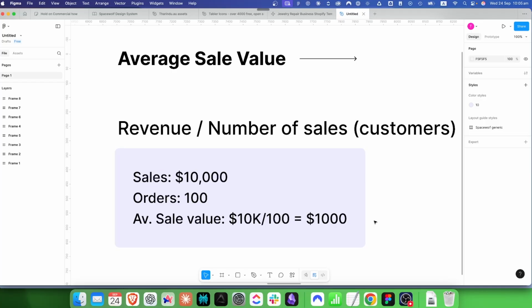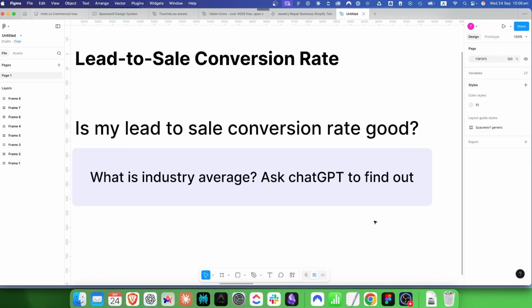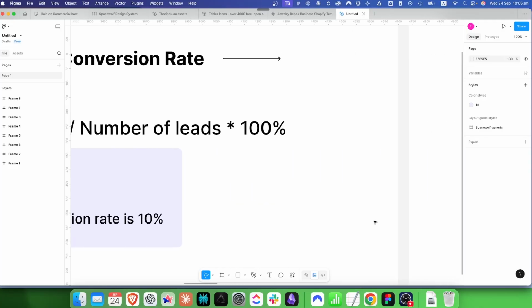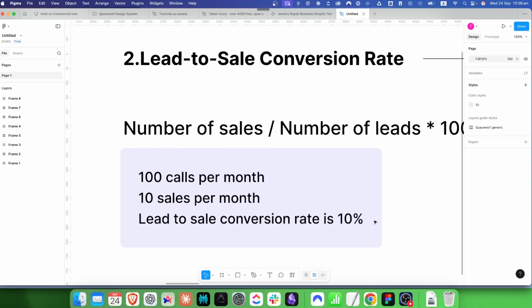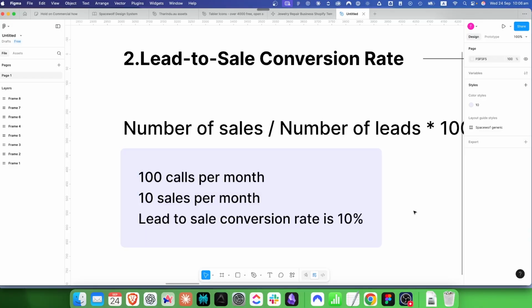Actually, I forgot to mention something about lead to sale conversion rate, right? So we sort of went through the construction industry, and if it's, let's say, 1% or even below 1% once you've done the calculation, now you have a sales problem.